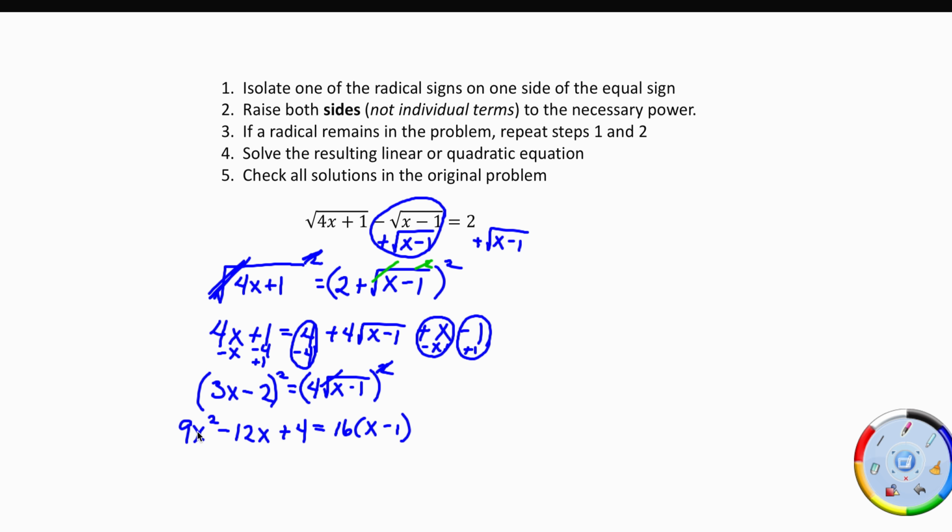I notice it's a quadratic equation now, so I'm going to distribute this, set it equal to 0, and try to factor it. So 9x squared minus 12x plus 4 equals 16x minus 16, setting it equal to 0.